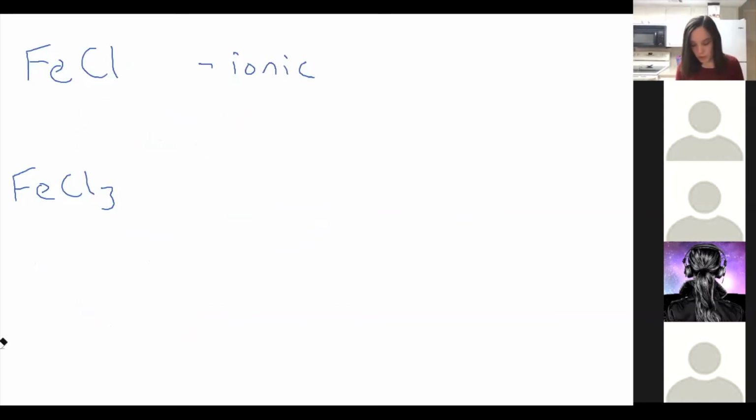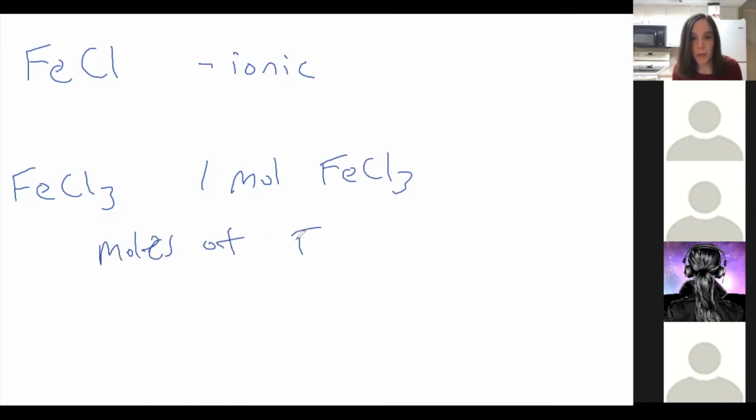So they might ask you this, if you have 1 mole of FeCl3, they might ask you how many moles of Fe3+ would you have in water? And what we can see in here is that for every 1 mole of FeCl3, we have 1 Fe. So if we have 1 mole of FeCl3, we also would have 1 mole of Fe3+.